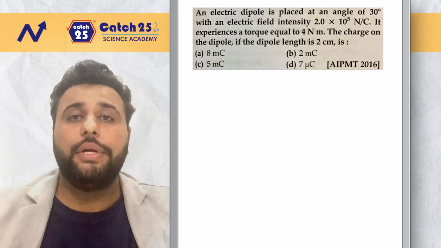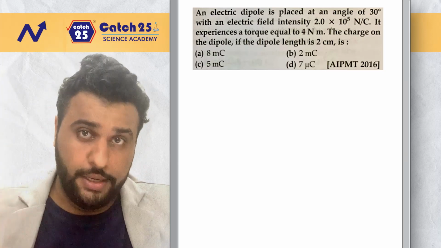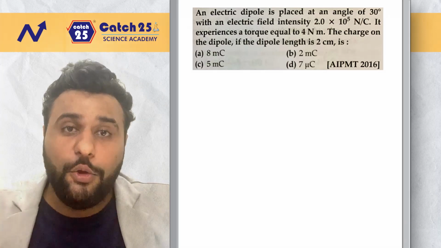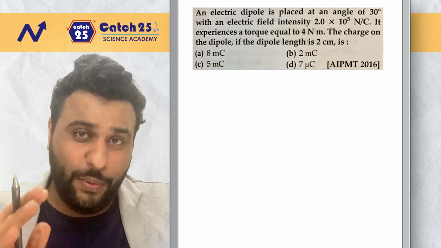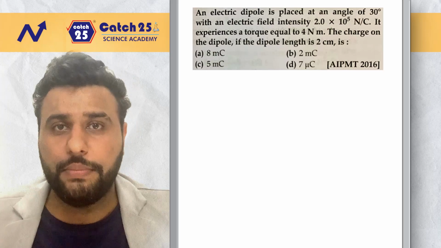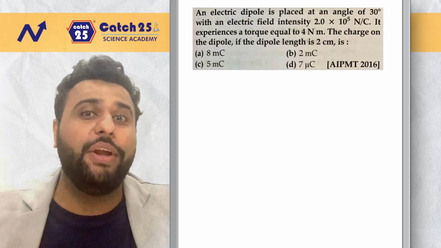Your second priority should be which subsection does it belong to. Third, you should look at the units of the options. Now, if you look at the units of the options, they are in coulomb. You should understand that the question will be something about charge because the unit of charge is coulomb. Therefore, such things you should gather first in the exam for every question.